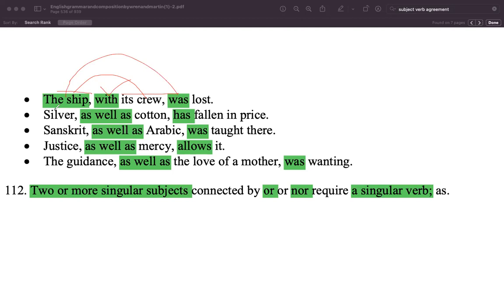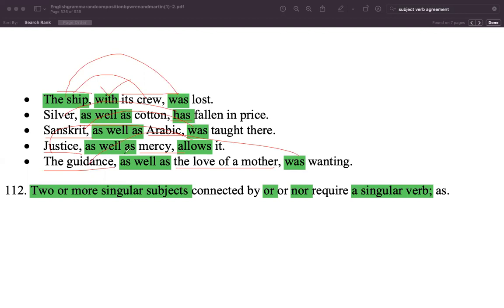Silver as well as cotton: here definitely has, because it follows the first one, silver. Sanskrit as well as Arabic. Justice as well as mercy. The verb follows the first one. The guidance as well as the love of a mother was: was follows the guidance.